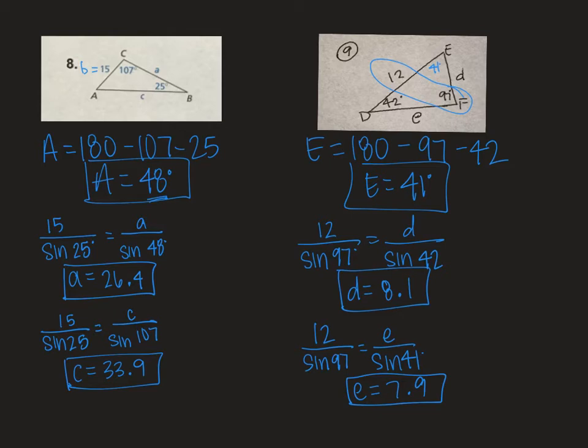The farther away that the angles are away from each other, like 42 and 97, is going to make the lengths of the sides a bigger difference. So like 12 and your 8.1. So don't panic if you get answers that are really close to each other, because that just means that their angles are very close to each other. They have similar angle measures.